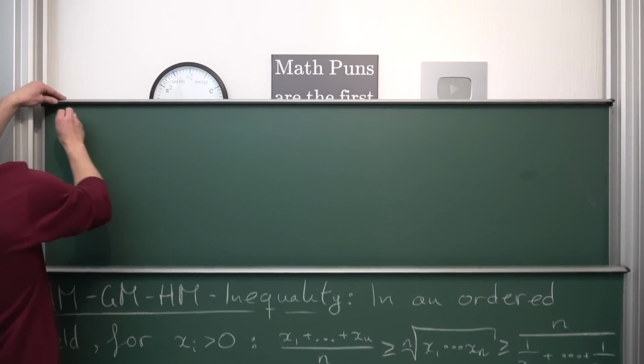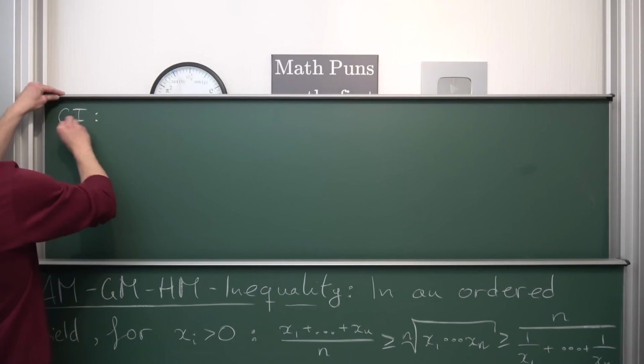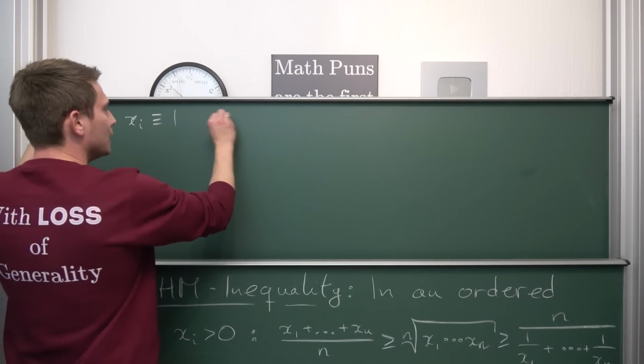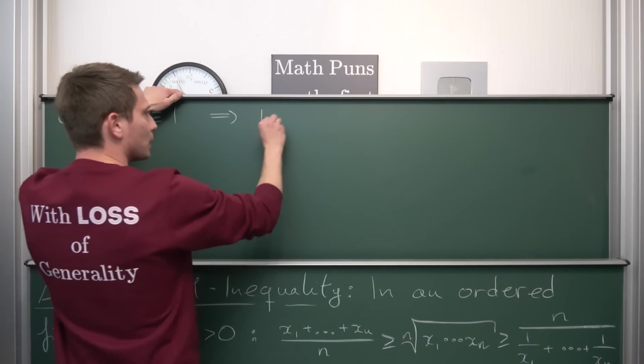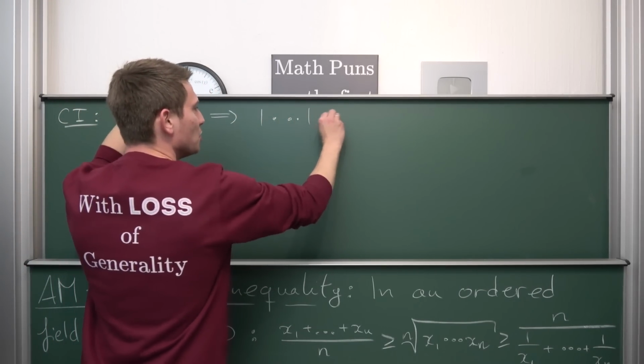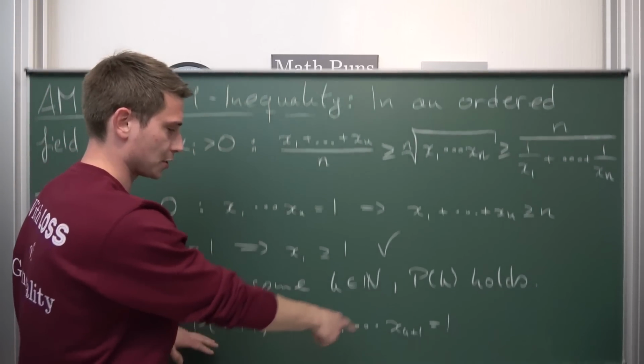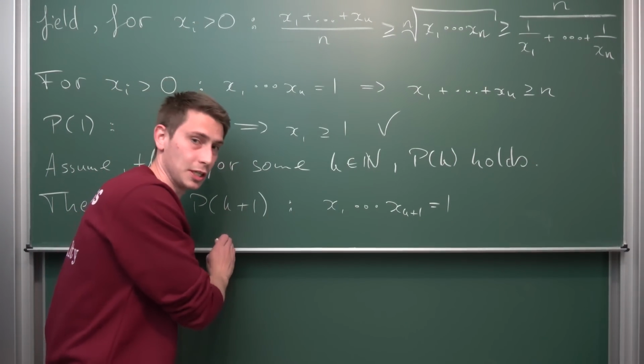So our first case that we are going to consider is case 1. All of our xi's are identically equal to 1. Well, this also means that if we multiply 1 together k plus 1 times, this is obviously going to be equal to 1. Hence our first part still holds, by assumption it does hold.